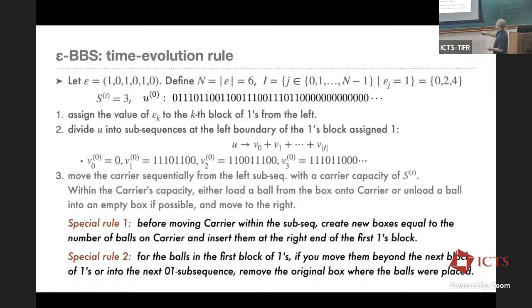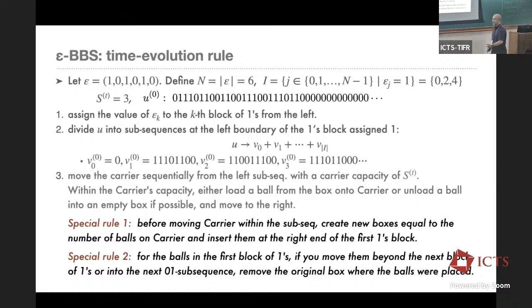So 0 is V0, 1, 1, 1 is V1, and 1, 1, 0, 0, 1, 1, 1, 0 is the V2 subsequence.